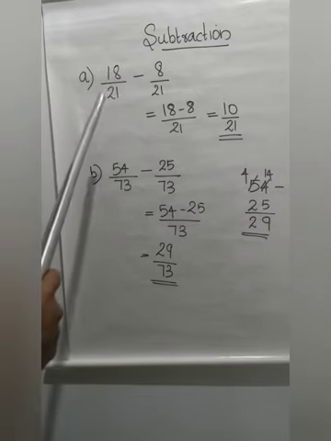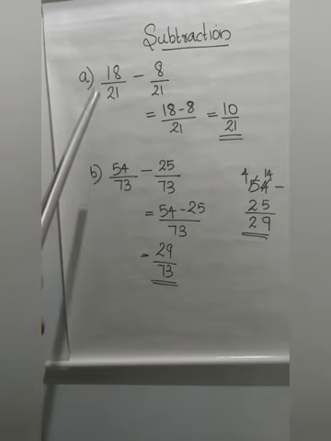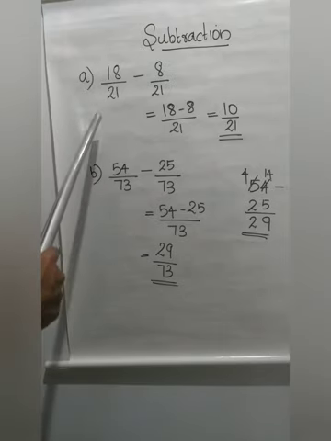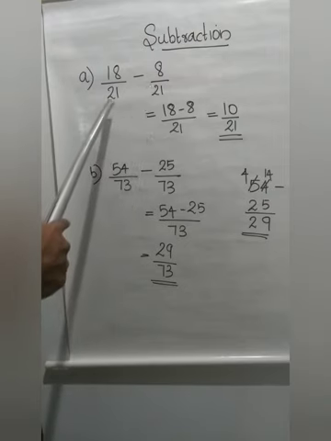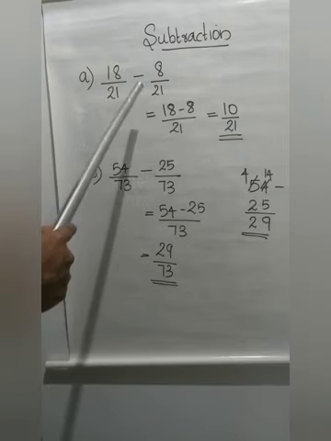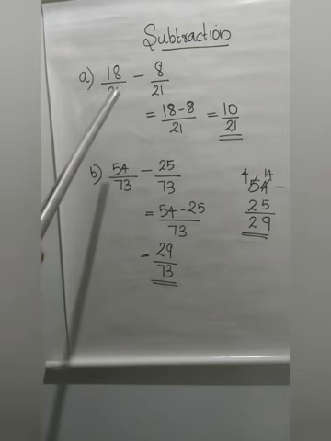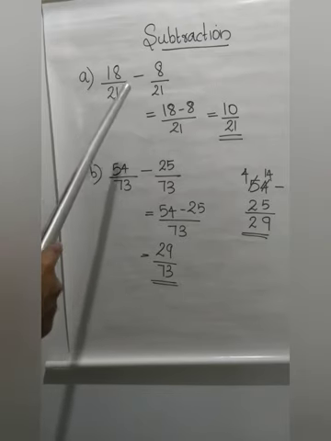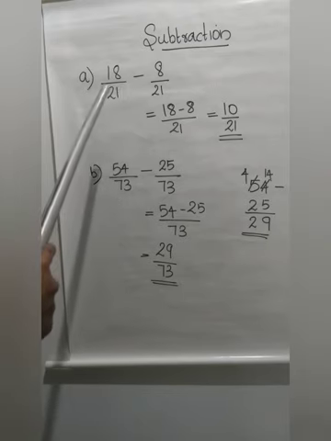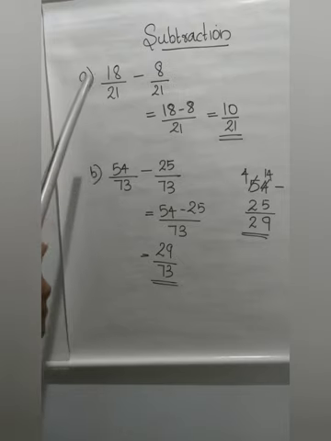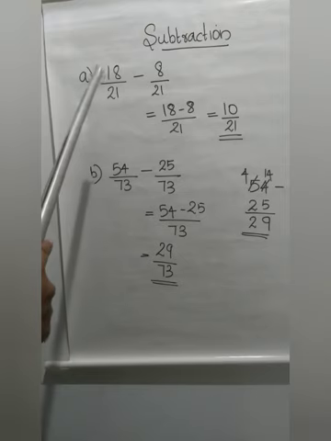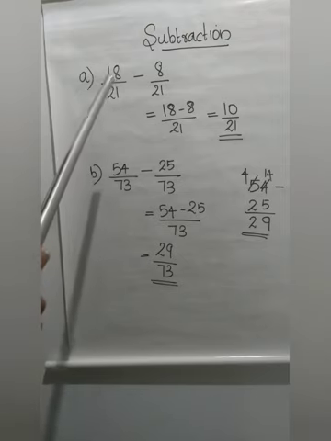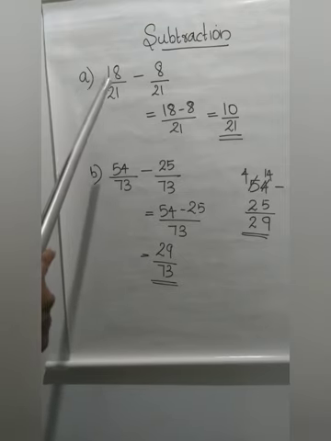By looking at the example, you can see what type of fraction this is. 18 by 21, 8 by 21. Check the denominators. Here 21, here also 21. So, what type of fraction is this? Yes, it is a like fraction. So, no need of converting. We can subtract directly. As in the case of addition, here also the change comes only for the numerator.